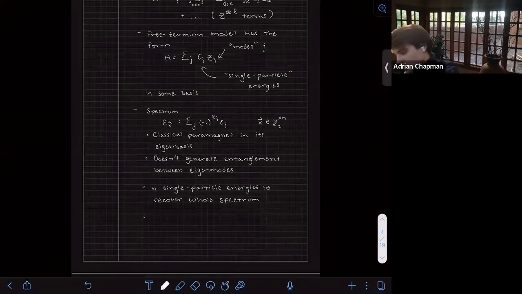And I'll just say one more thing, which is that we will look at models of a more general form. Generalized case, where H has this form.